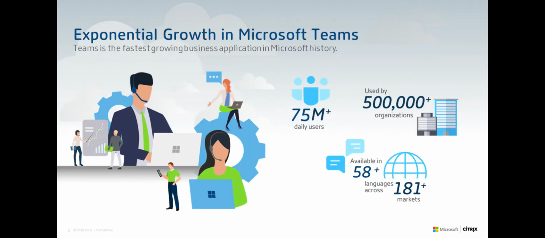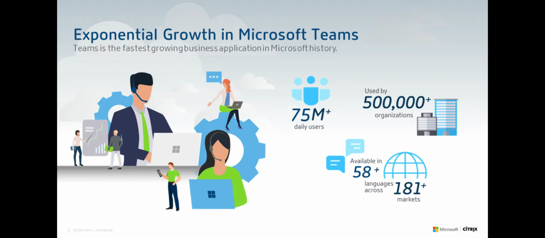So just to go over a little bit of the overview of the significance of optimizing Teams. Teams is a hub for teamwork. There's about 75 million daily active users today. And with the dynamics of the current workforce environment, you're going to see a lot more uptick in remote users.